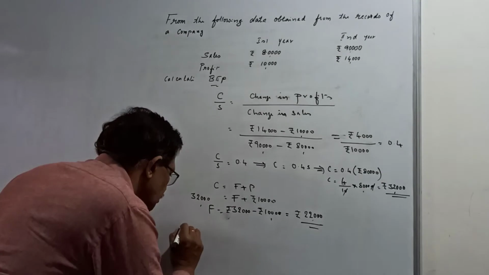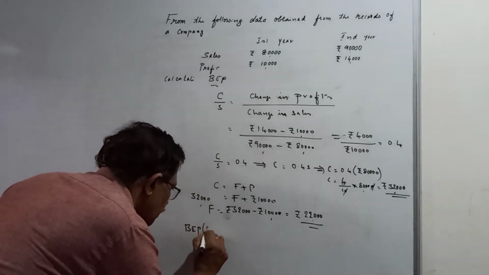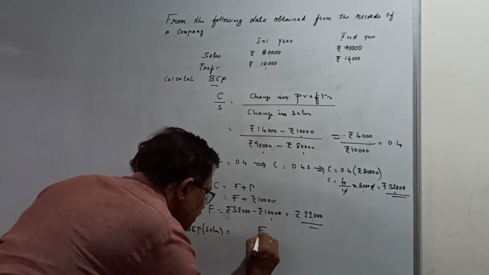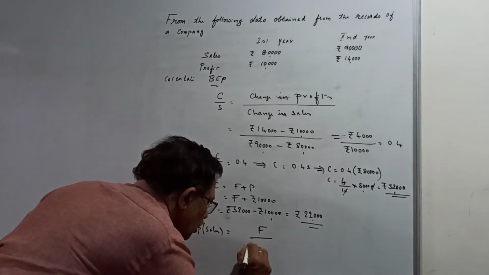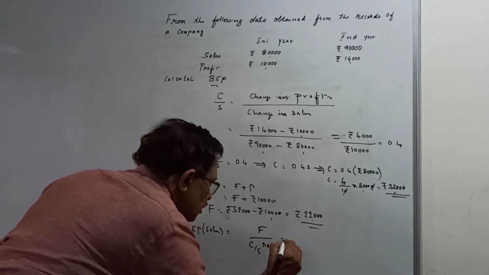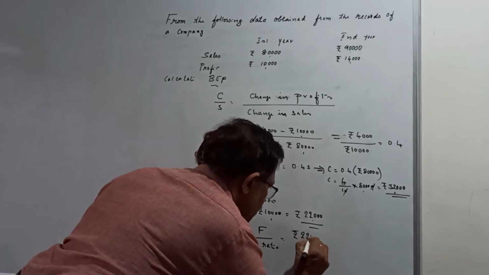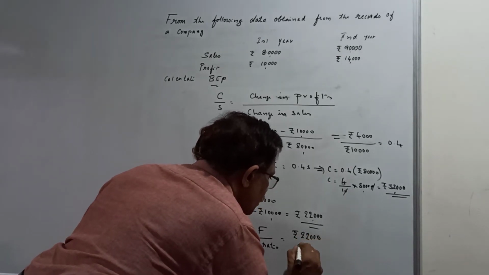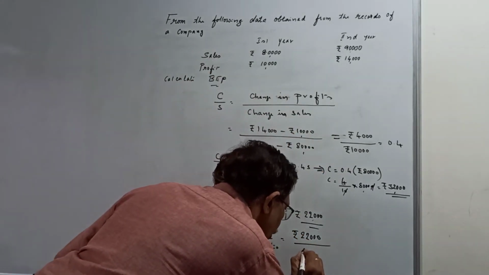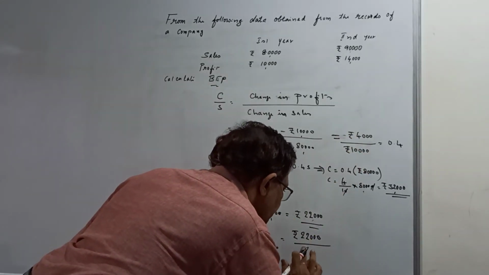Now we can use the formula for break even, wherein we said that break even is nothing but F by PV ratio, or C by S ratio. We know the fixed cost now, which is 22,000, and we also know that the C by S ratio is 0.4, or 40%.